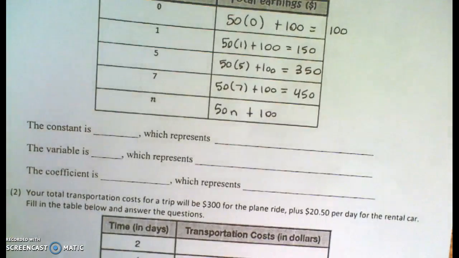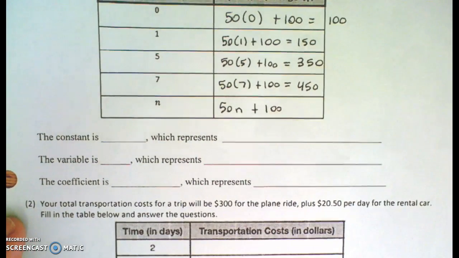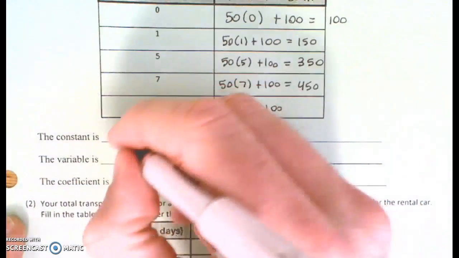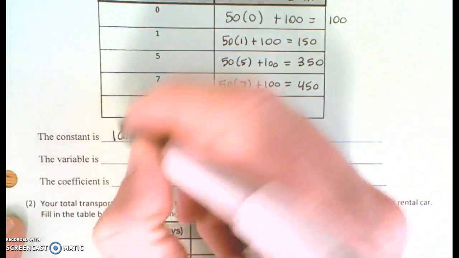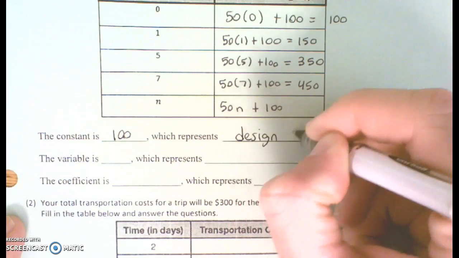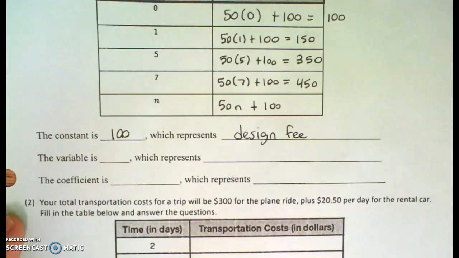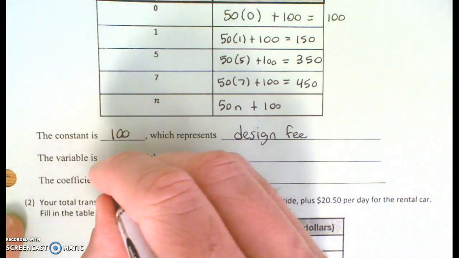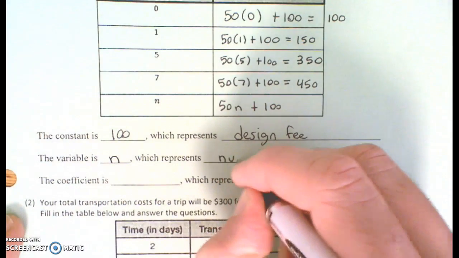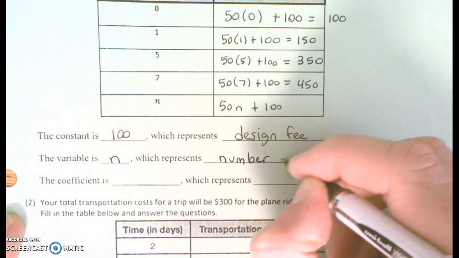Looking at this information, the constant, the number that's constantly being added in each problem, is the 100. It's $100, and that represents the design fee. The variable in this problem is n, that's the letter, and that represents the number of rooms being designed.